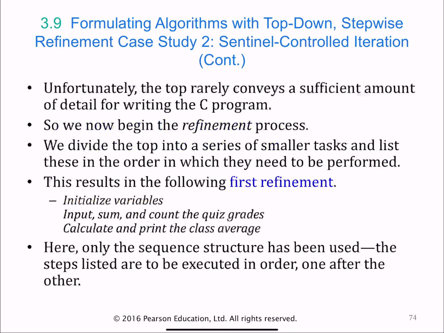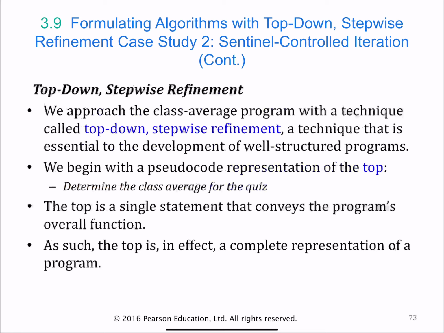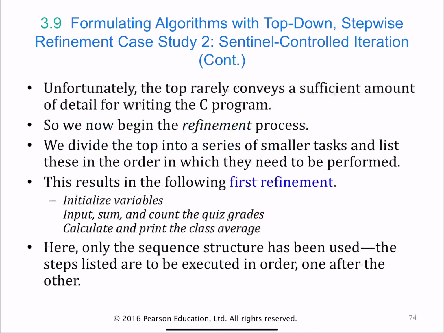So let's attempt a slightly more stepwise, top-down approach, starting with first a problem statement of what the program should accomplish: determine the class average for the quiz. That can be further refined into slightly finer steps.